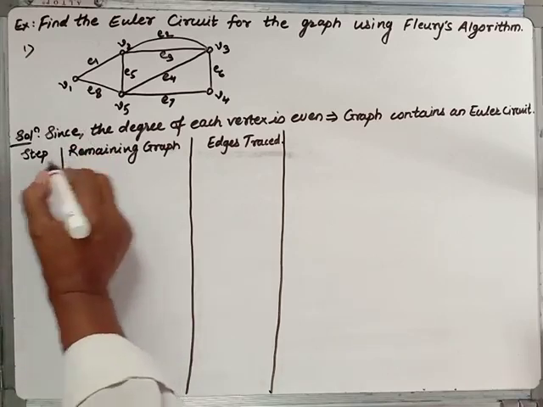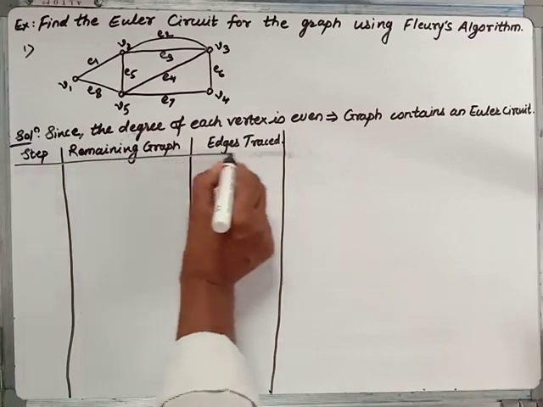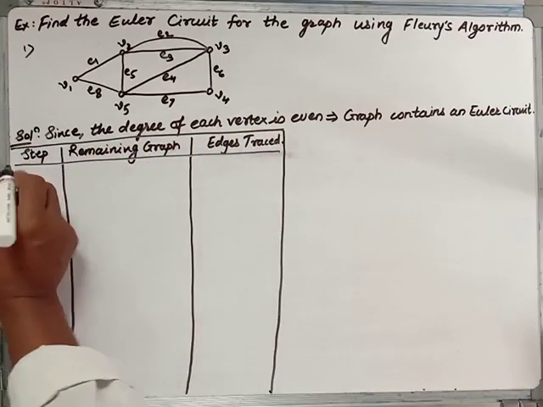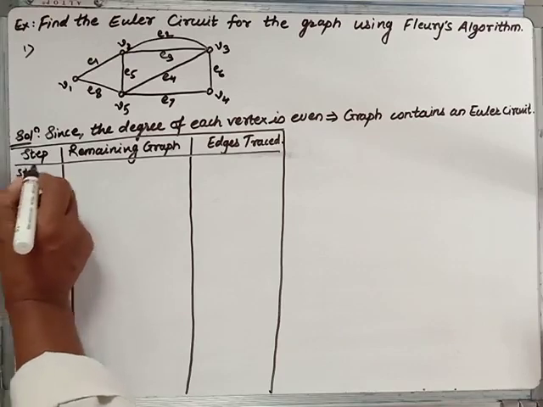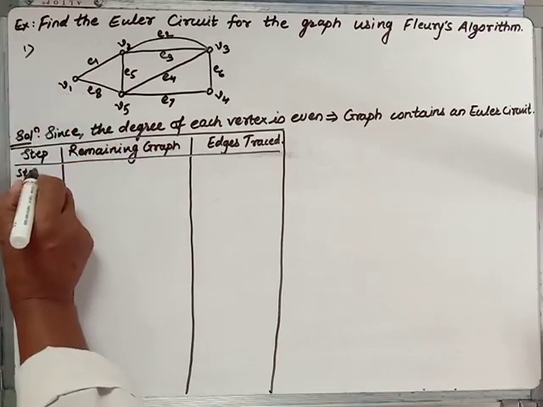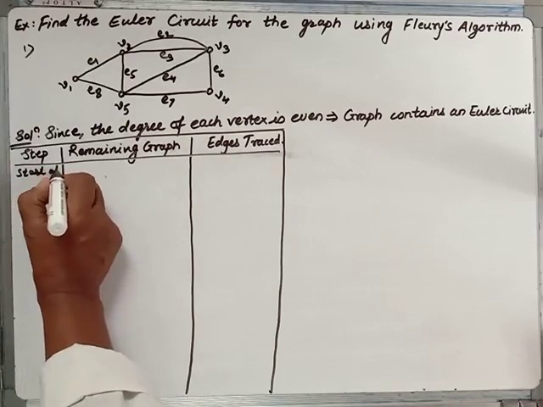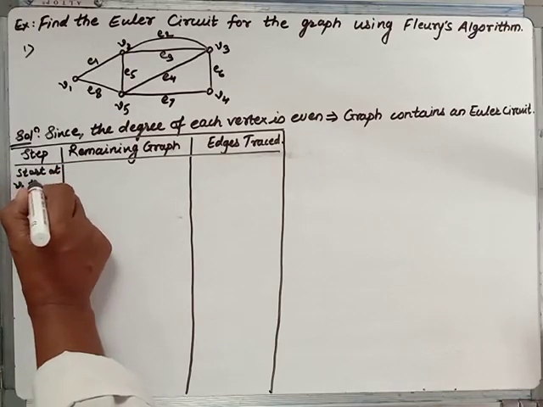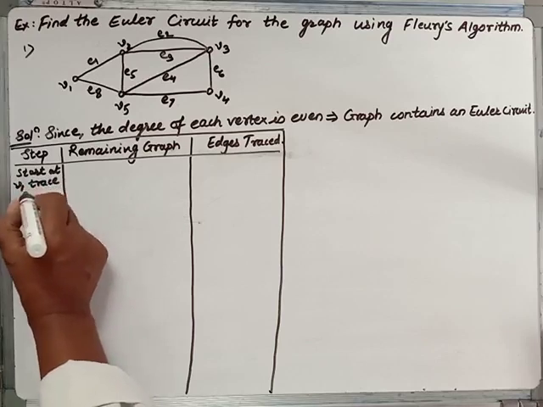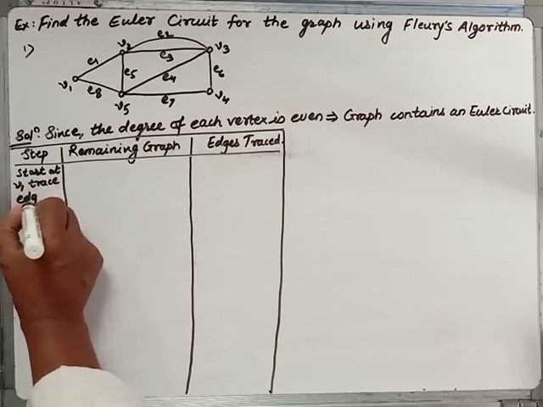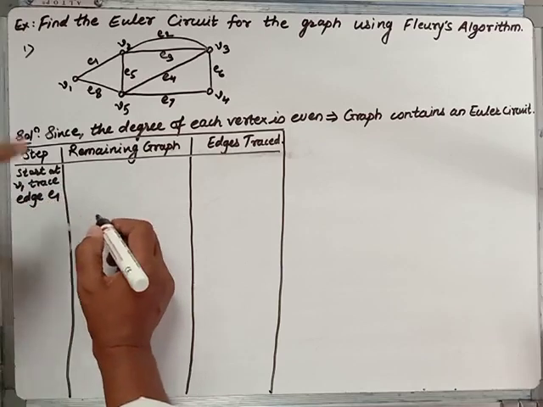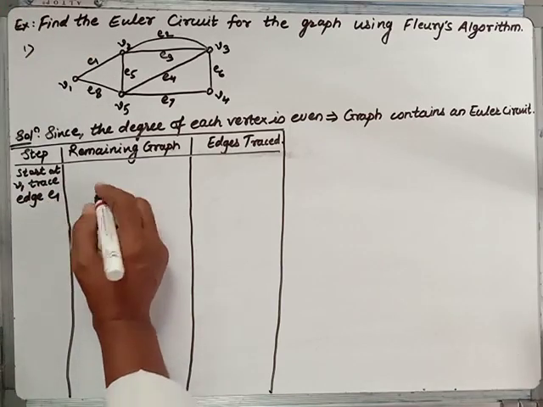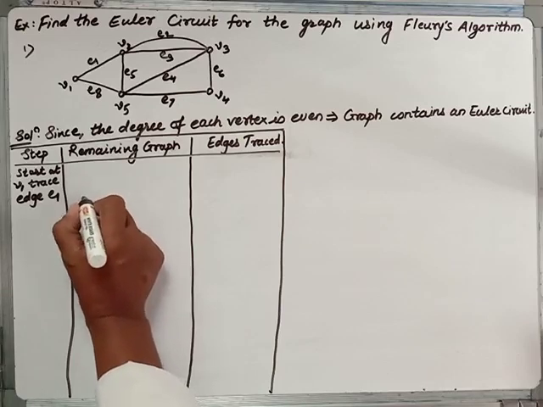Now start here: let us start at V1 and trace edge E1. Suppose I am tracing edge E1 first. So I want to draw the remaining graph after E1, right?